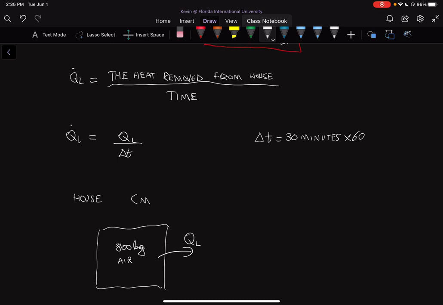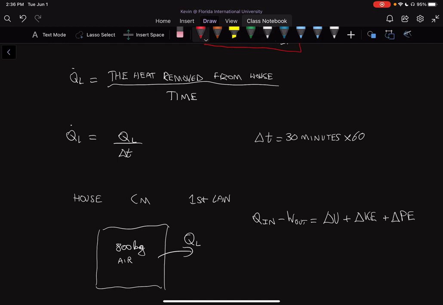By convention, whenever we do the first law on a control mass, we say that Q in minus work out is equal to mass times delta u, plus delta KE plus delta PE.